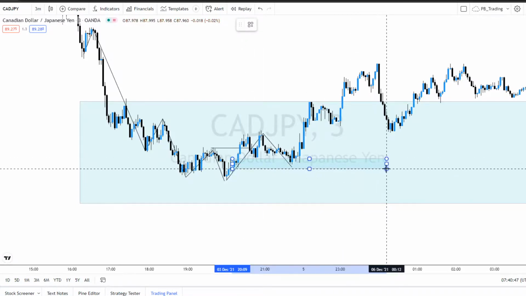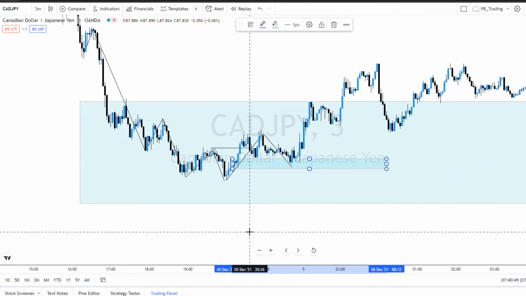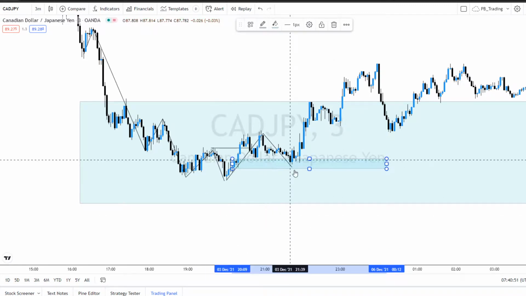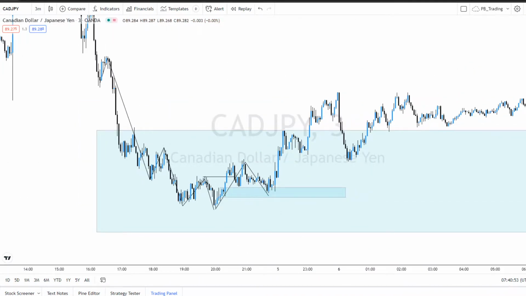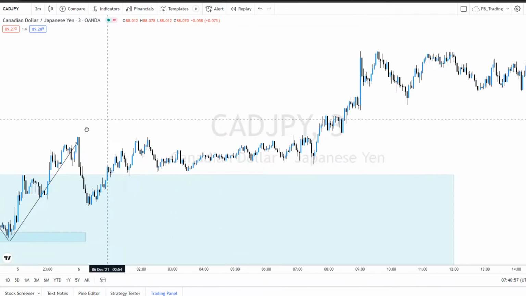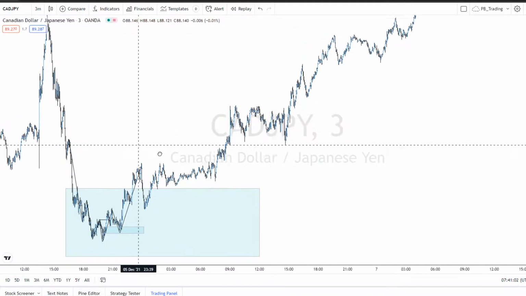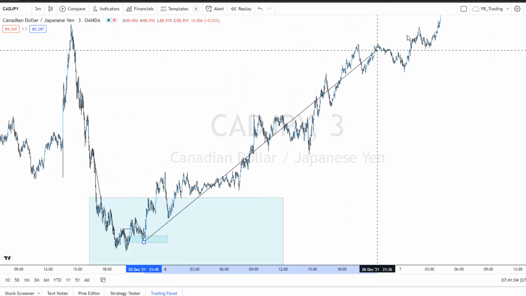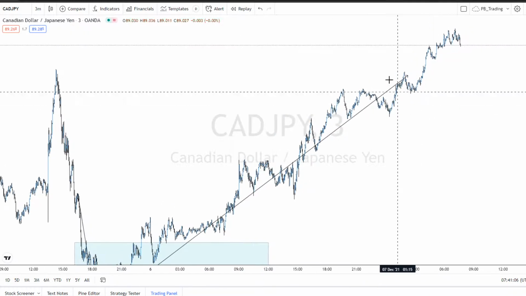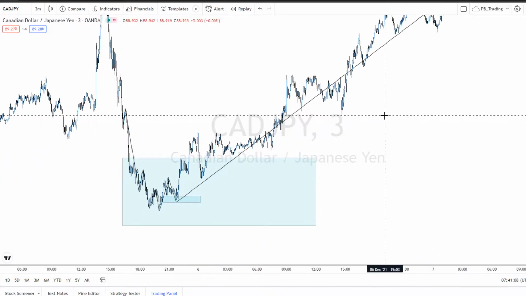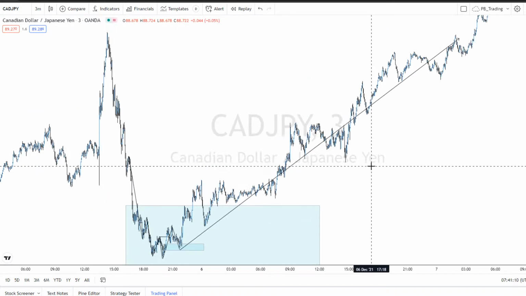For those in my mentorship, I'm sure you're conversant with that. So price moved into this HOB here and then picked up a nice entry, went all the way up. So you could have put a very low risk trade here, all the way up. Okay, so this is another example.